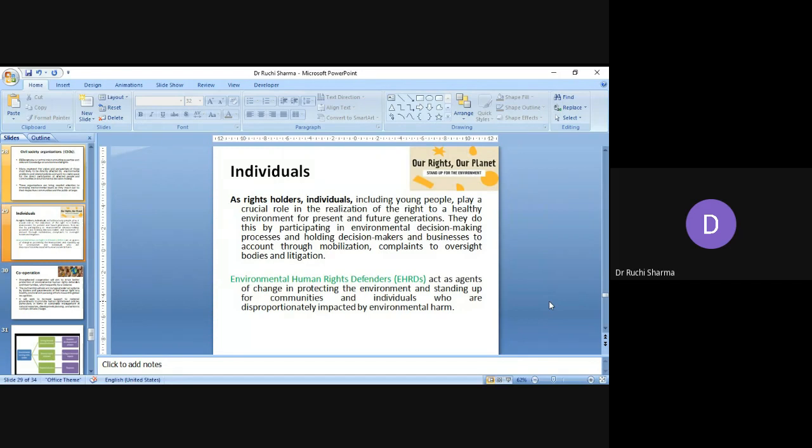The Bishnoi movement was very well recognized, and in other countries, in a non-violent way, these examples from the Indian scenario were taken and implemented in other parts of the world also.